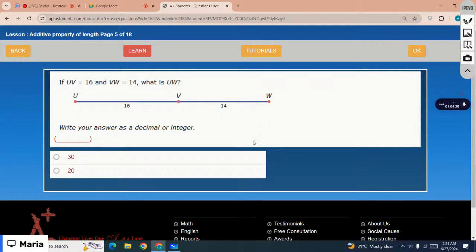The correct option is 30. It is option number 1. Got it?